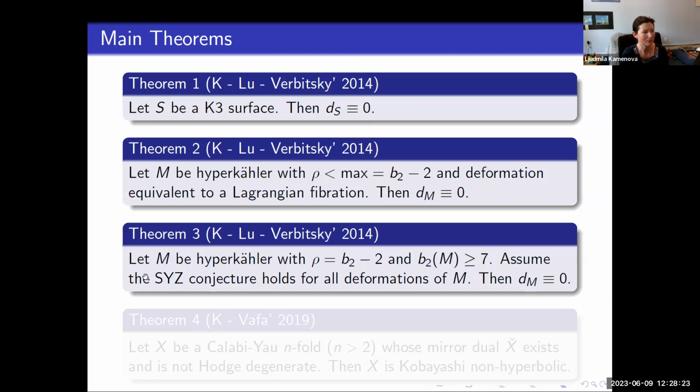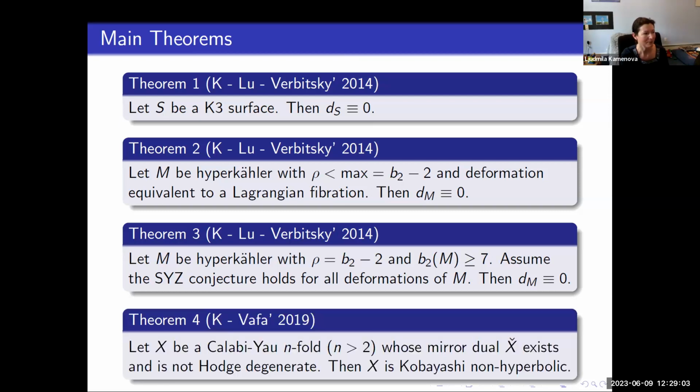For all of the known examples, we do have the SYZ conjecture, and we do have this as a corollary of the SYZ conjecture, that if the SYZ conjecture holds, one can prove as a corollary that any hyperkähler is deformation equivalent to a Lagrangian fibration. And people do believe in the SYZ conjecture. So hopefully, eventually one can drop these assumptions.